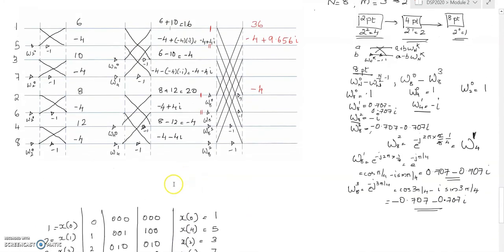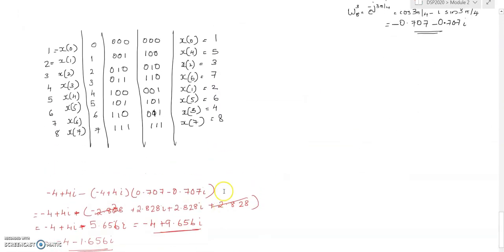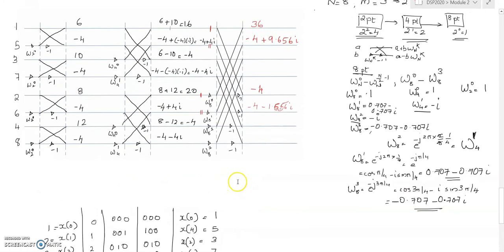So the answer comes here as -4 minus 1.656i.